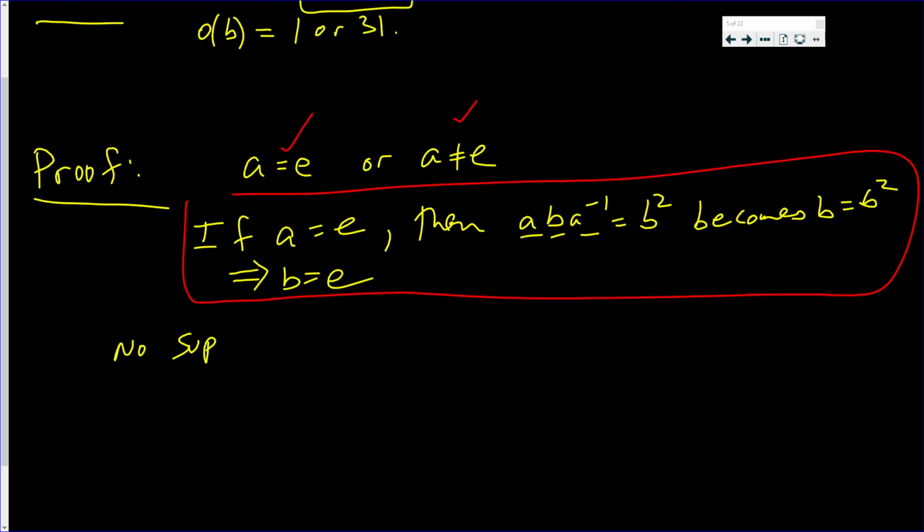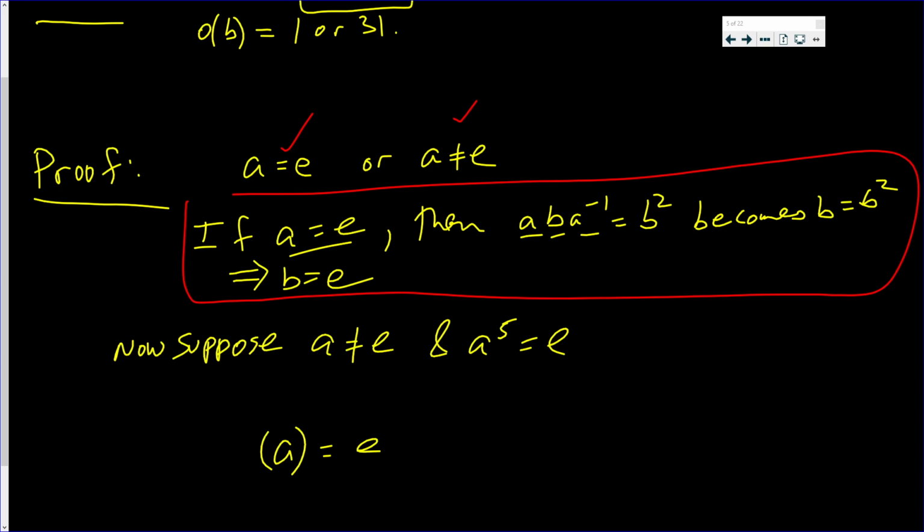So now suppose a is not equal to e, and of course a to the fifth is e. For the record, if you raise both sides to the fifth power, you also get a to the fifth is equal to e times e five times, which is just e.